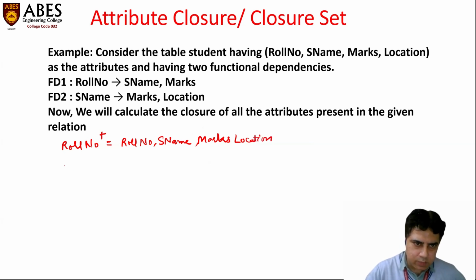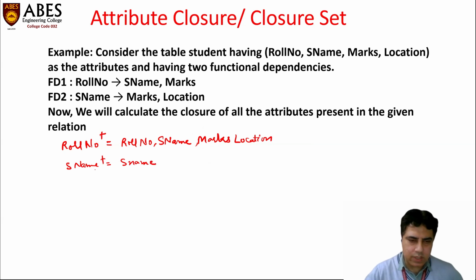Now attribute closure of student name. We can determine student name through reflexivity or trivial functional dependency. Then from the student name, we can determine marks and location. No further attribute can be determined from these.